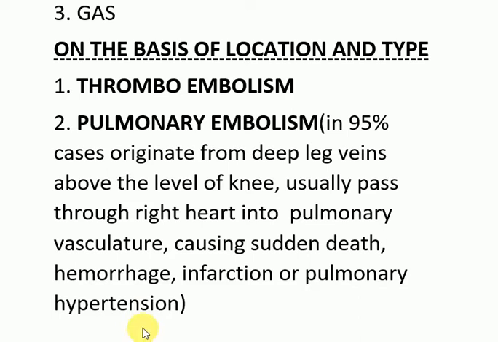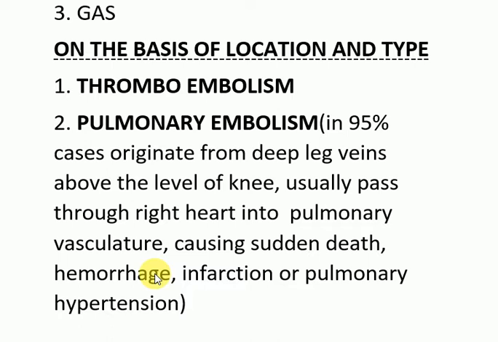An example is prolonged stay in bed, prolonged bedridden patients, or those taking longer flights. They sit continuously, because of which there is DVT formation and deep leg vein thrombosis above the level of the knee.